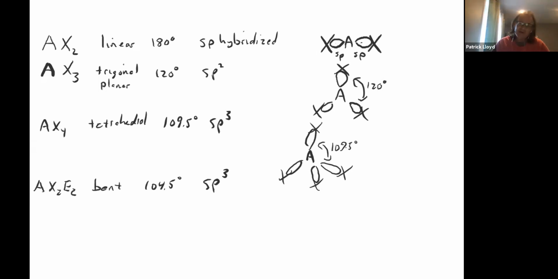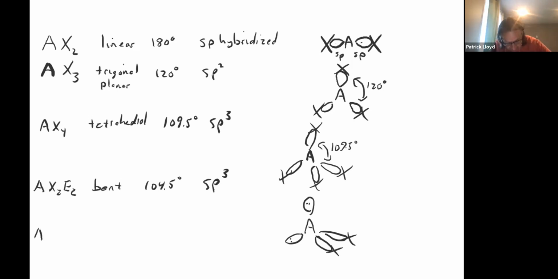And 104.5 is pretty close to 109. Really, what's happening is you have 2 of these orbitals. One of them has a lone pair. A second one has a lone pair. And then the other 2 are bonded to X's. Okay, so that's why the angles are a little bit different, but it's essentially sp3 hybridization.